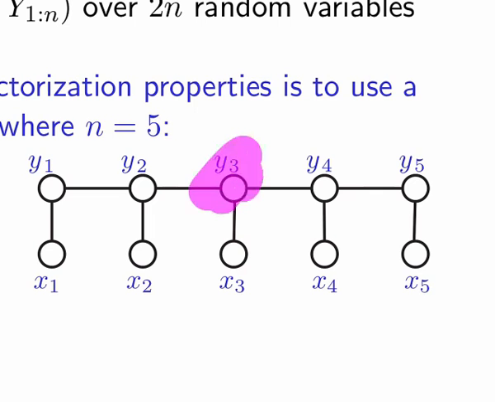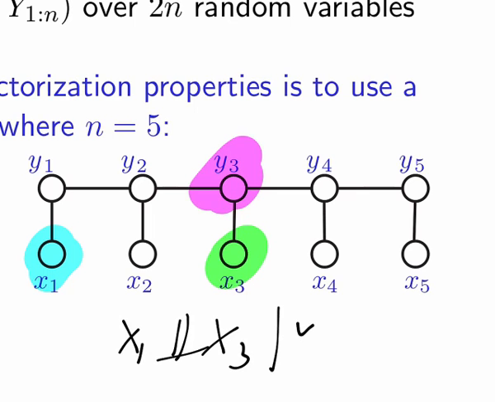So y3 renders x3 independent of, say, x1. That's a valid statement. So x1 is independent of x3 given y3. Anything that the graph says in terms of separability is a conditional independence statement in any probability distribution corresponding to an HMM.